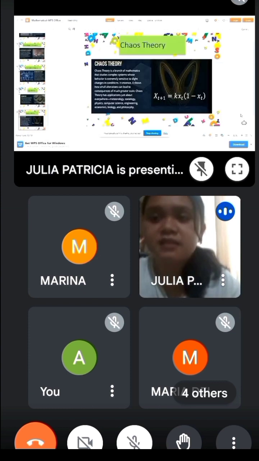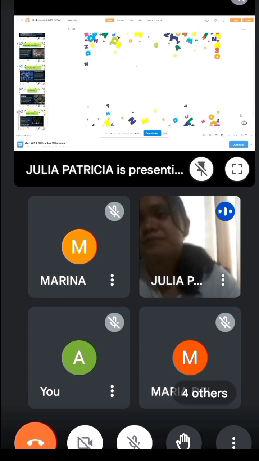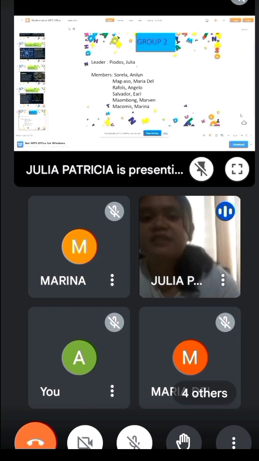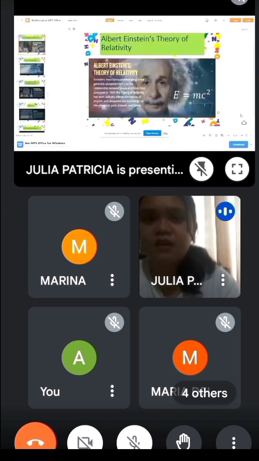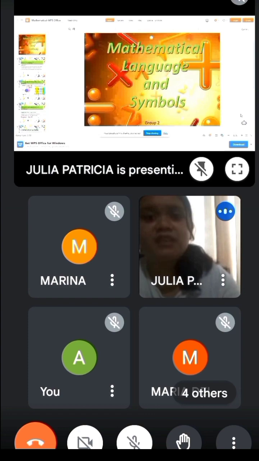Next, the last one is chaos theory. This is another branch of mathematics that studies complex systems. So once again, this is Group 2 presenting about mathematical language and symbols.